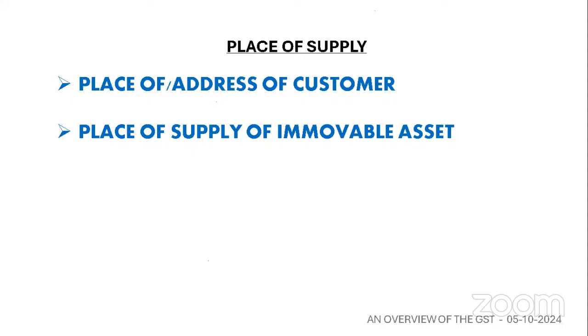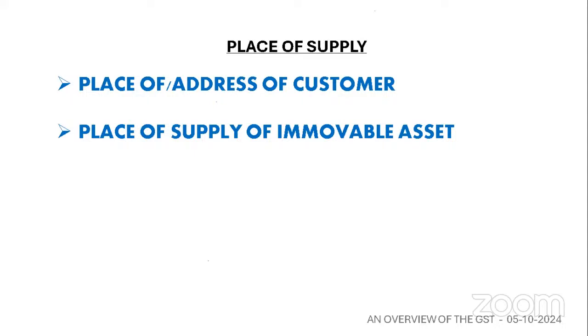Then there are certain exceptions to this, where one example is immovable property. If the immovable property is in a particular state, say, for example, I will take an example. I am the owner of a choultry in Chennai. I am a person in Mysore, and a marriage is being conducted by a person who is sitting in Rajasthan.